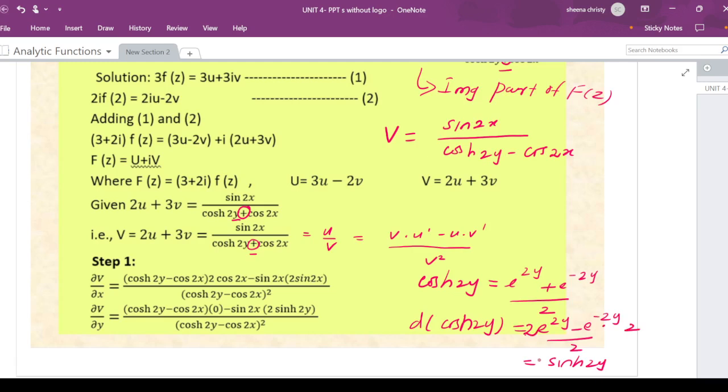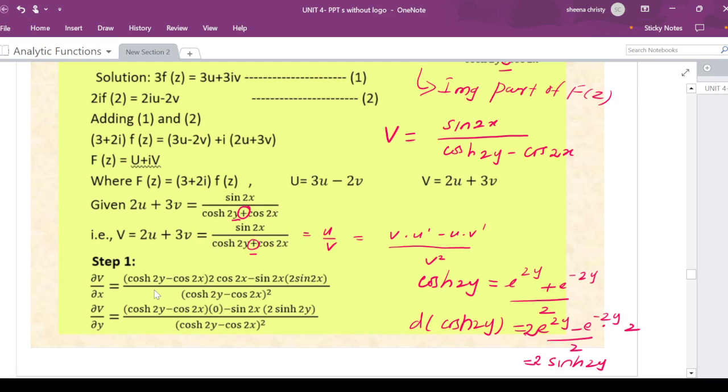By taking 2 outside, you will get 2 sinh 2y. That is what we are getting here: 2 sinh 2y divided by (cosh 2y - cos 2x) the whole squared.